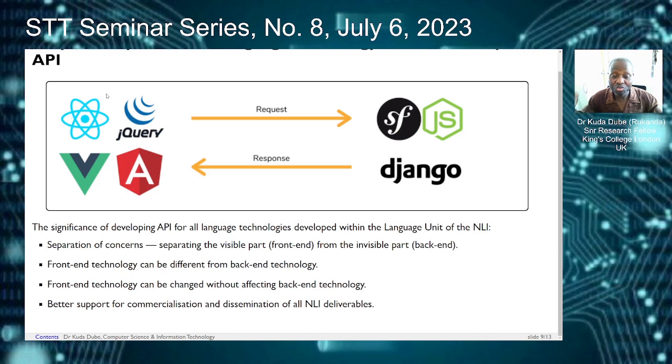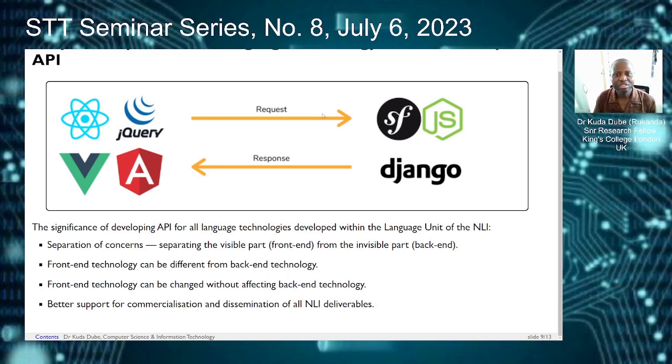We have all those official languages in Zimbabwe. We have people who can develop apps. We don't have to develop all the apps for them. All we need to develop is the API. They can use whatever technology they want, which can talk to our API. And it's guaranteed that it can talk to them because it uses internet technology, internet infrastructure, to define the API.